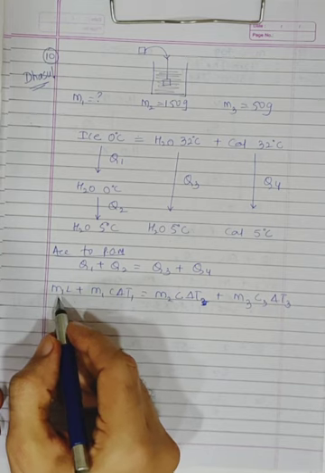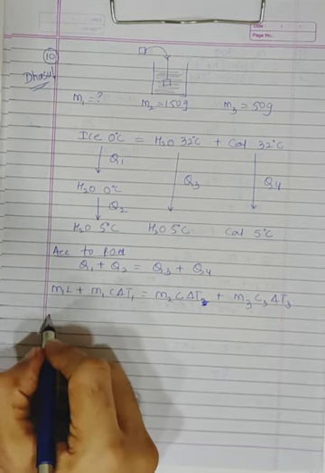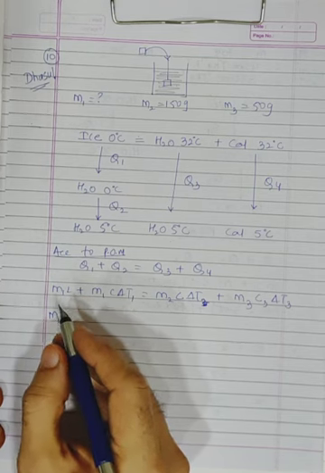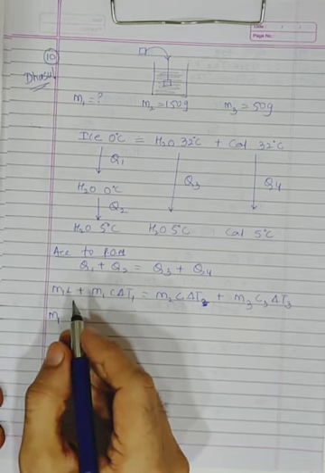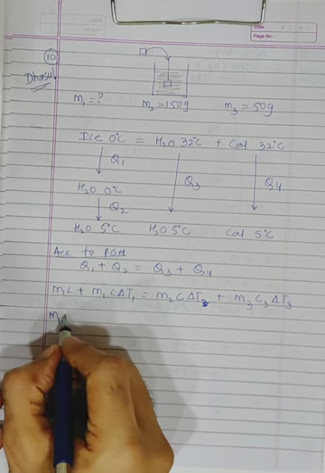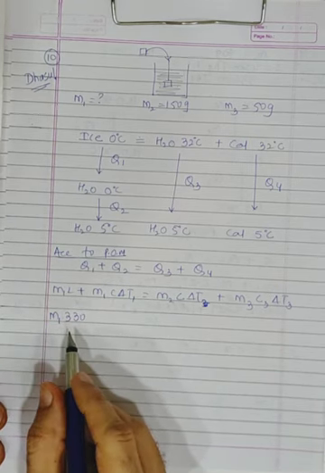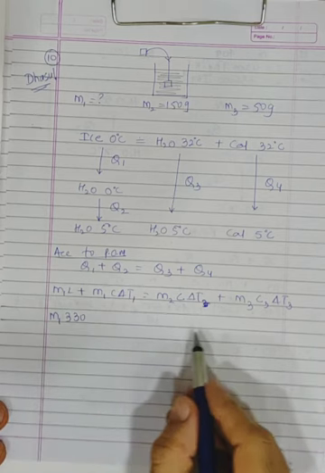Now what is the mass of ice? We don't know. What is L of ice given in the problem? Let's check. It's given 330. This may make it more difficult, because if it was 336 it would cancel with all these numbers.